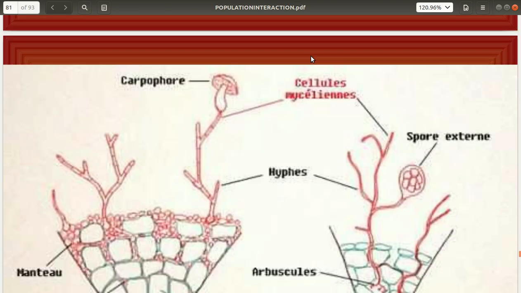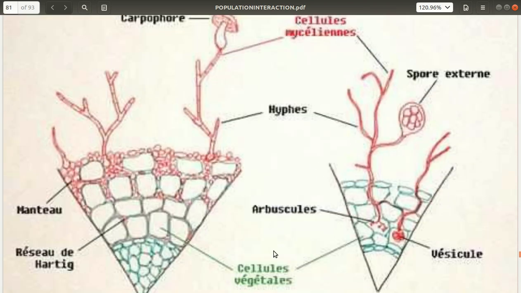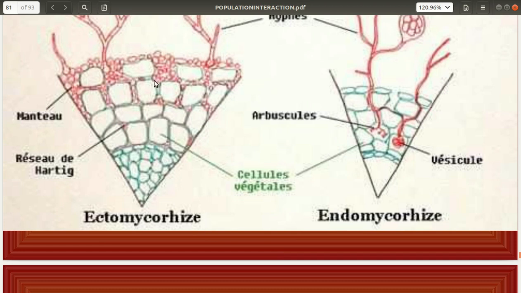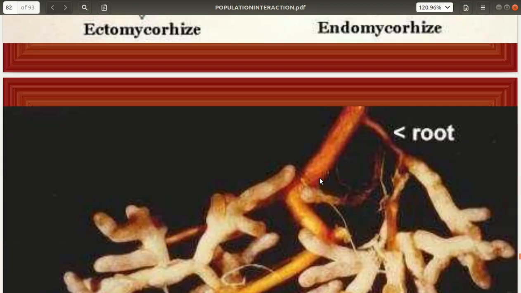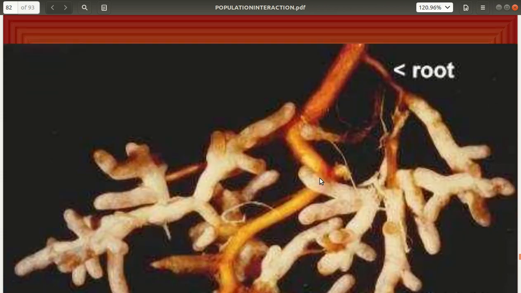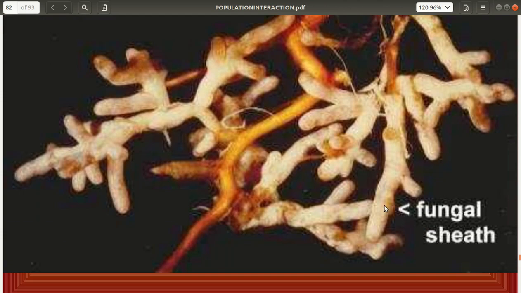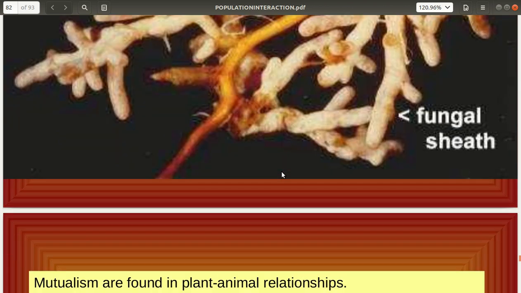So you can see the mycorrhiza here; in one of them it is outside of the roots, in the other the mycorrhiza is inside. Accordingly we call it ectomycorrhiza and endomycorrhiza. Now in the roots which have this ectomycorrhiza, you can see the fungal sheath. So this is a mutualistic association between mycorrhiza and roots of higher plants.